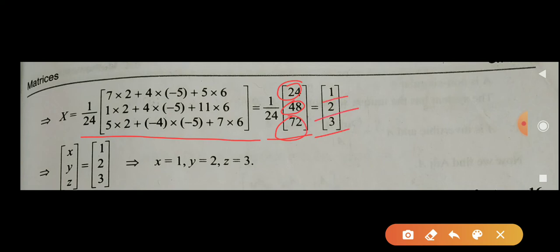So now you make the comparison. You can see x equals 1, y equals 2, and z equals 3. So like this you can solve the given system of linear equations. If two equations are there, then also you can solve. You can find the value of x and y. If three equations are there, you can find the values of x, y, and z by using the matrix method.